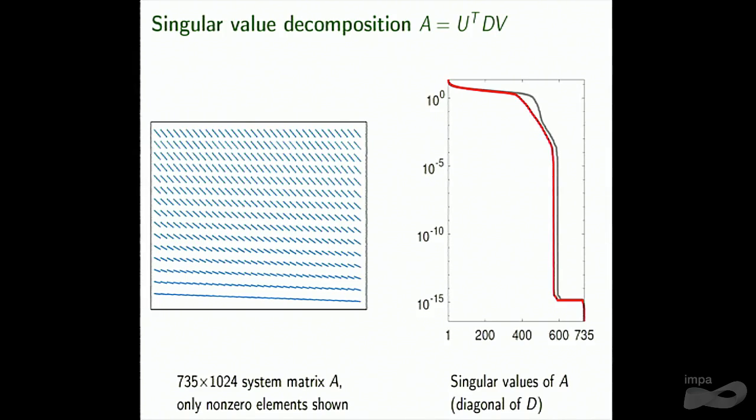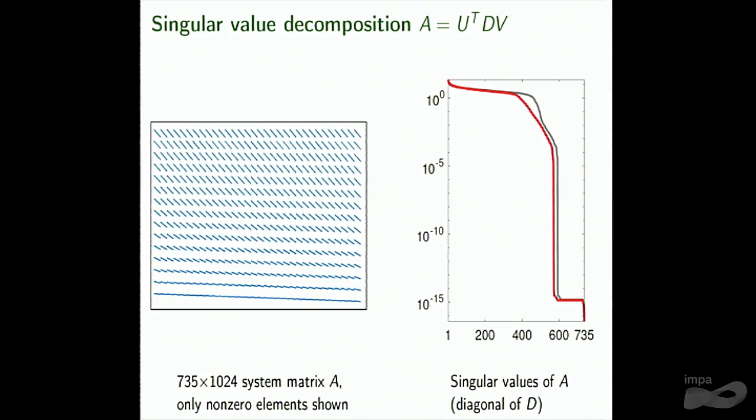If you look at the SVD, the singular value decomposition, and the singular values, with the gray line I'm showing what we had before: 15 projection directions spanning the whole 180 degree half turn. Because of the parallel beam geometry, that's enough for full information.